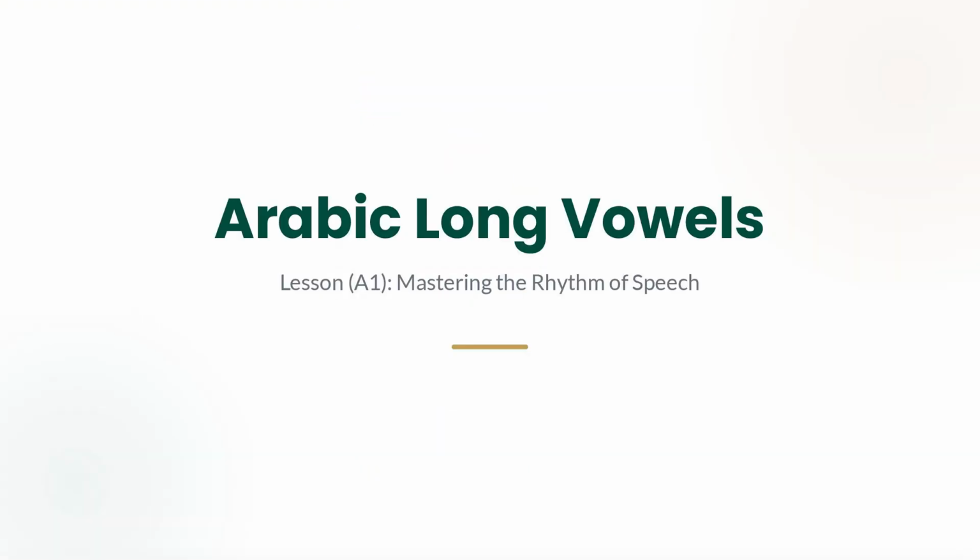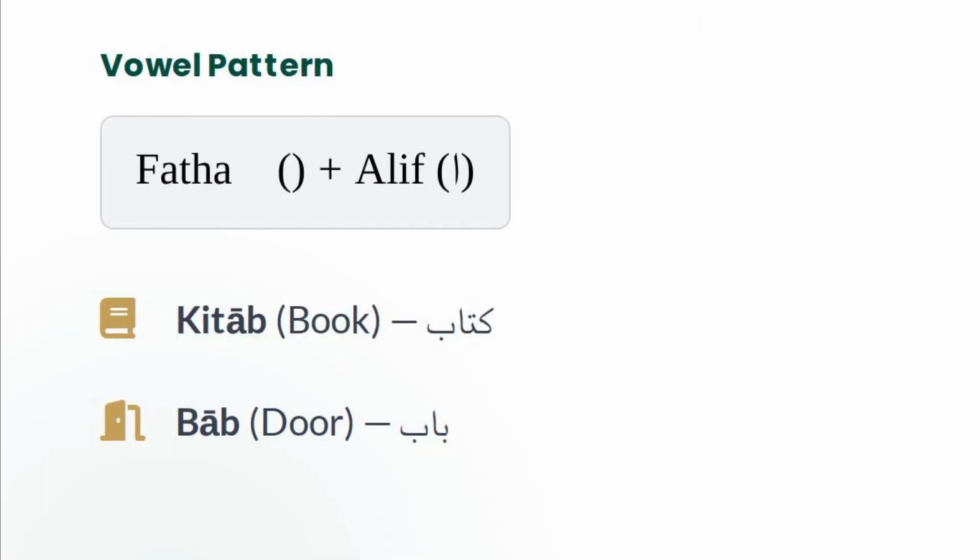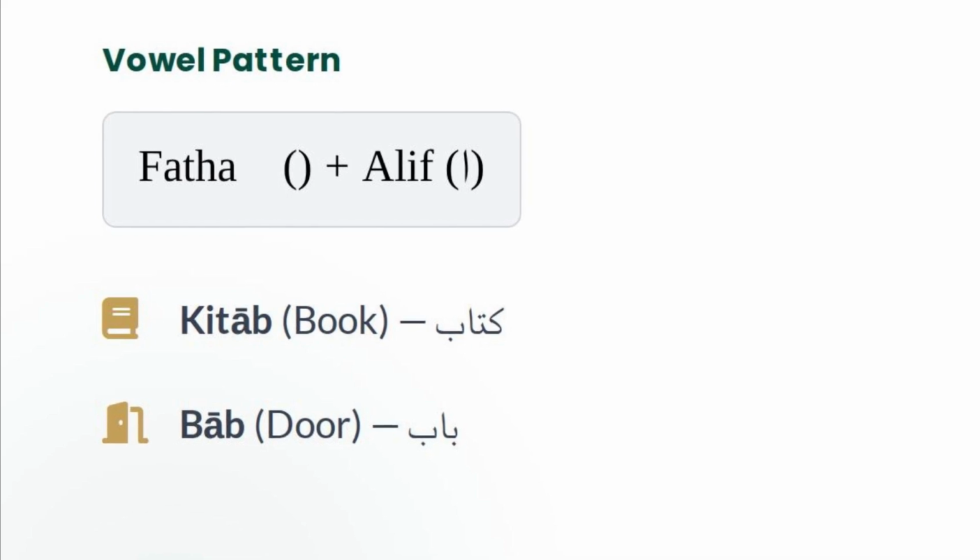Now, let's get started with long vowels. So as we have seen, we have short vowels, but also we have long vowels in Arabic. We have three. The first long vowel is alif.